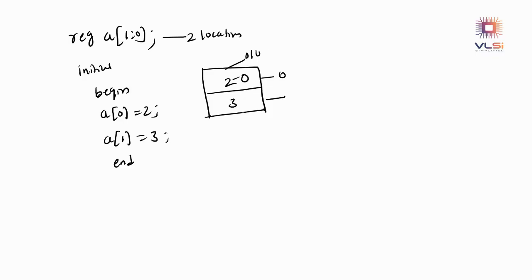So 2 is nothing but 010, so 0 it will store, and 3 is 011, so 1 it will store. In terms of binary, the last bit it will store. Suppose you consider module test, reg [2:0]. How many locations? Three locations.